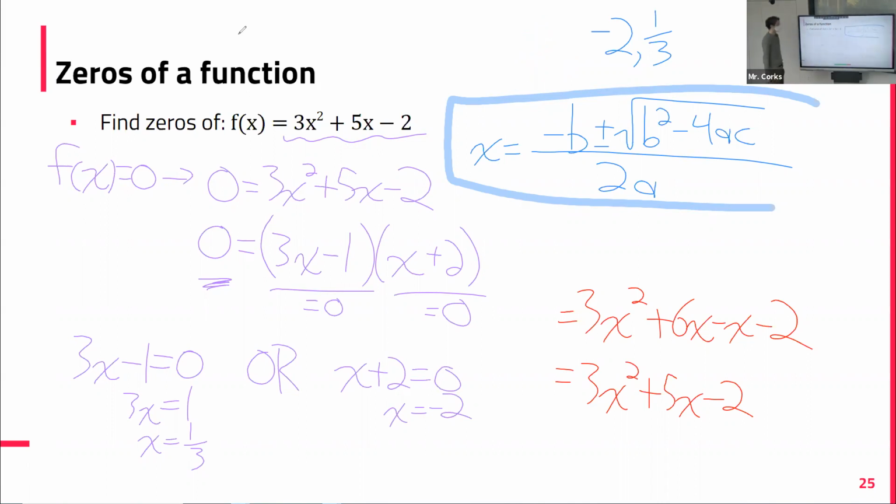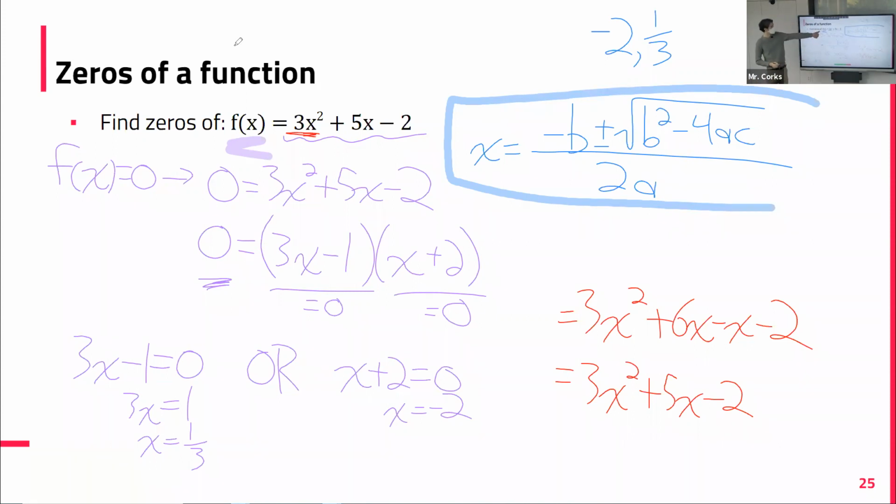So there are the two zeros. These are the x-intercepts. When x is equal to 1 over 3, when x is equal to -2, that's when our function is 0. Let's just test that out here. I won't do it for both of them, but for -2.